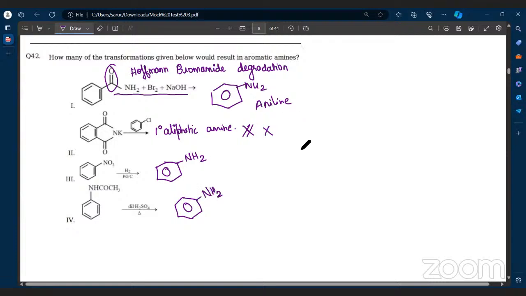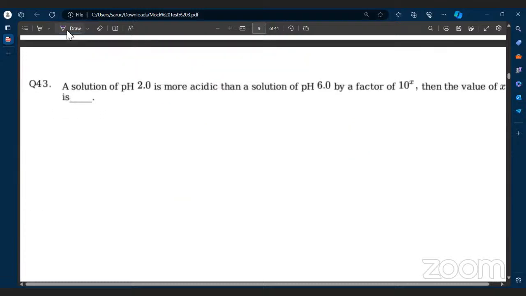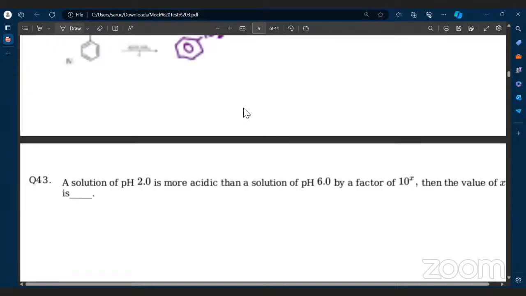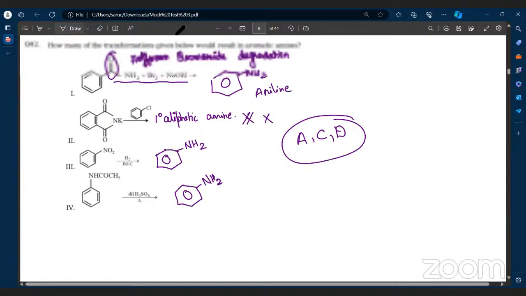So here the options A, C, and D are right. Moving to the next question. So they have asked the count. Therefore, the answer is going to be 3.